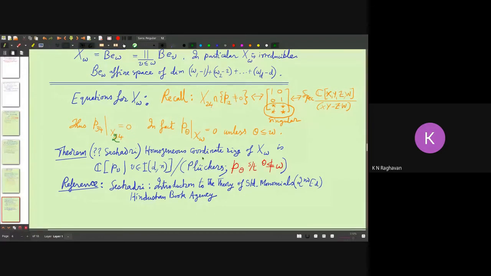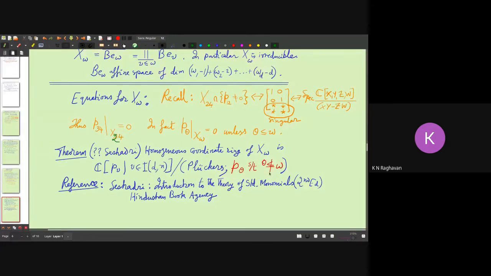The homogeneous coordinate ring of XW is given by the following. You take these Plucker coordinates and then go modulo the Plucker relations. That will give you the Grassmannian. And in fact, if you go modulo all those p theta, cut by all the coordinate planes such that theta is not less than or equal to w, that will give you the full ideal.